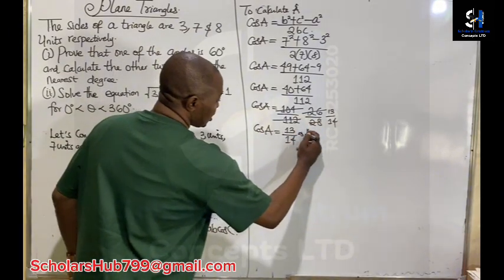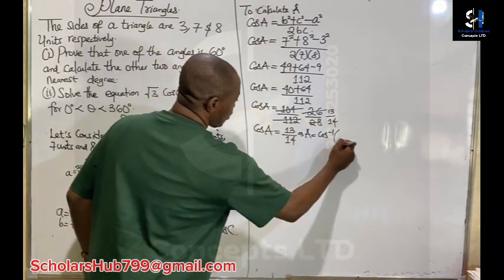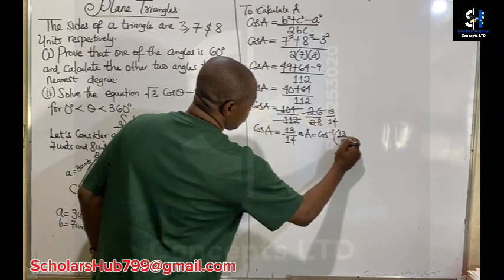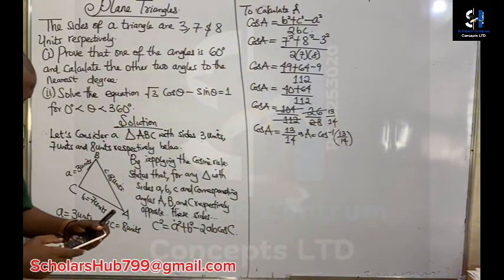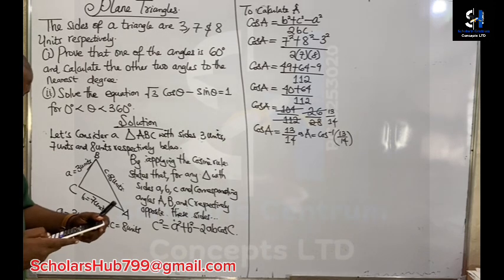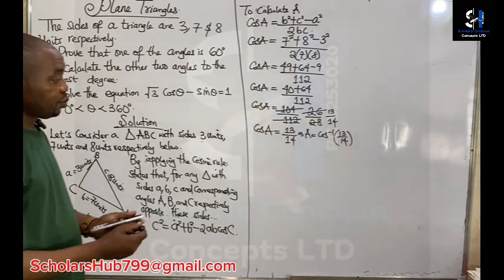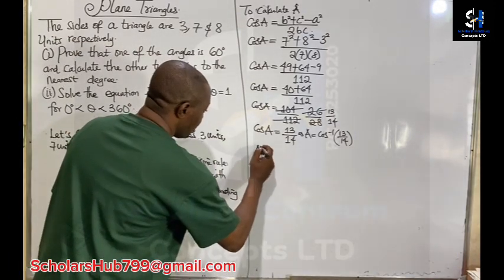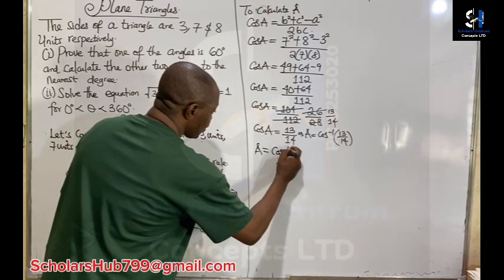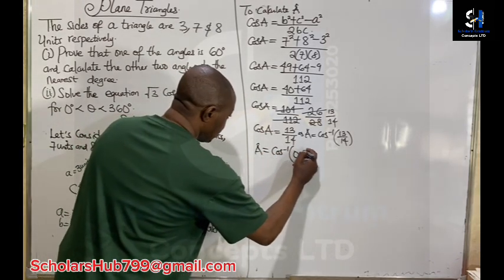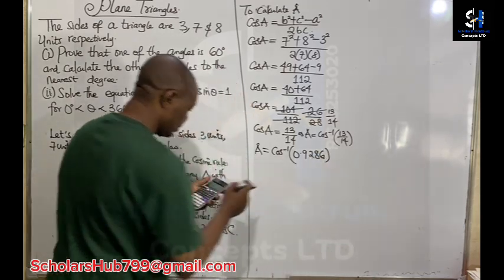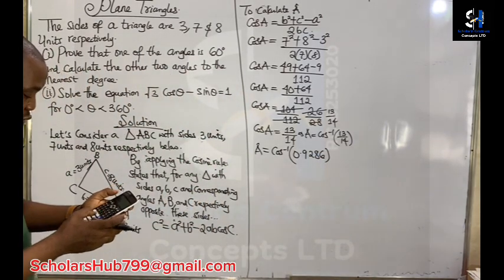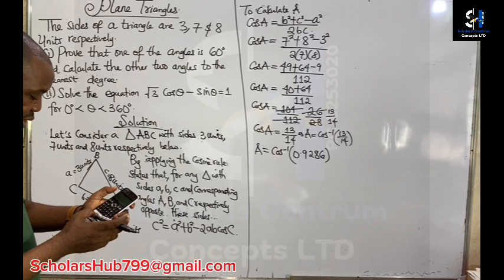And we know from here that A will be equal to the inverse cos of 13 over 14. So what is 13 divided by 14? That will be 0.9286. So we have angle A to be the inverse cos of 0.9286.